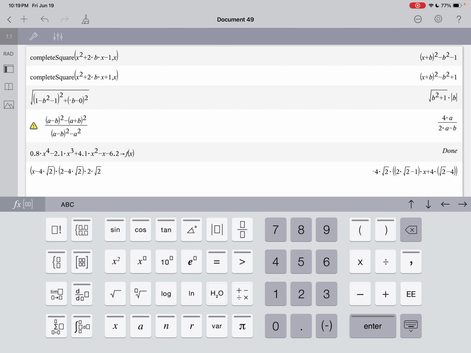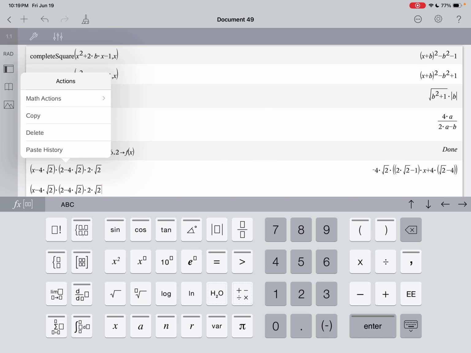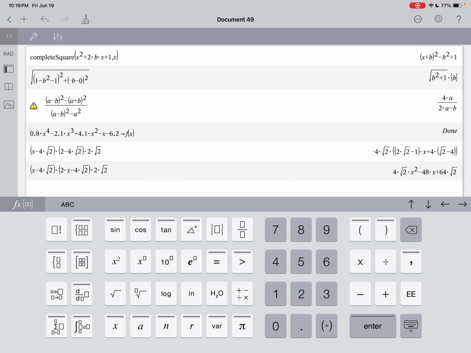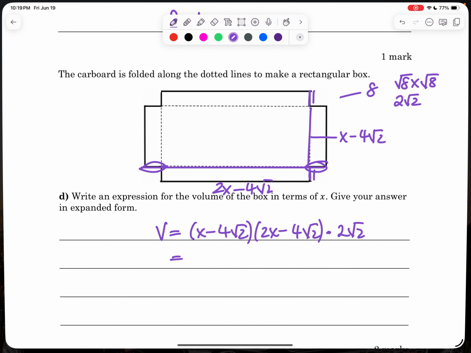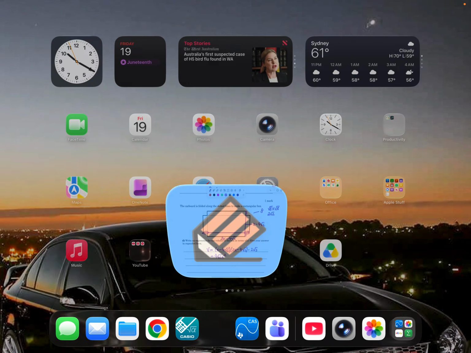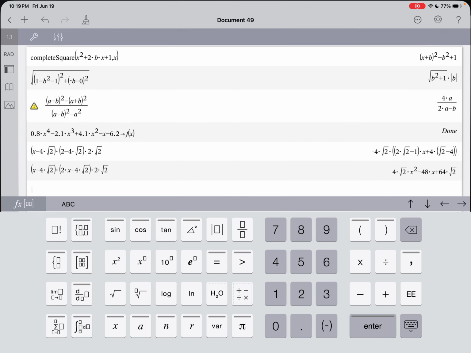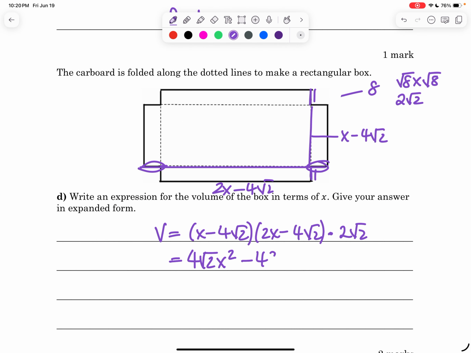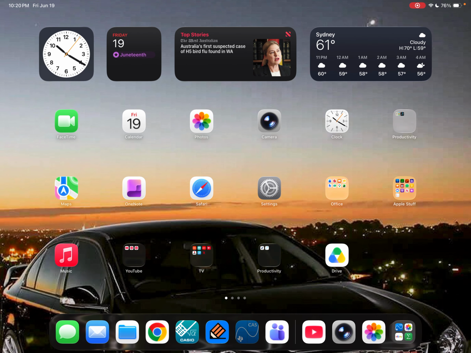So there's an x there. There should be a squared term. 4 root 2 x squared minus 48x plus, was it 64 root 2?